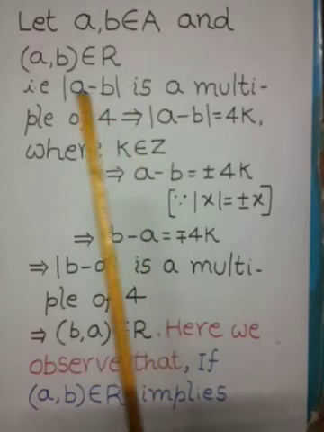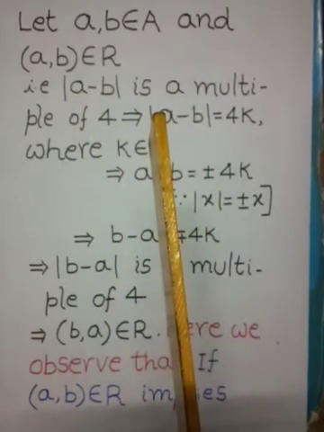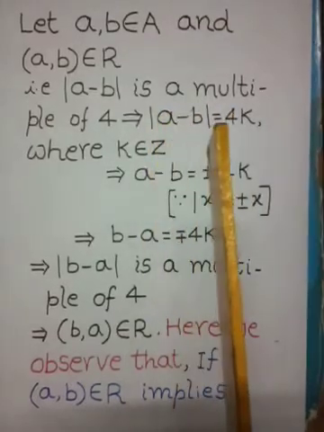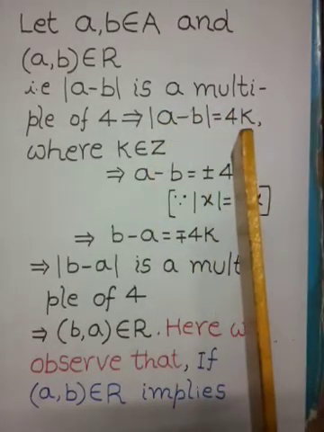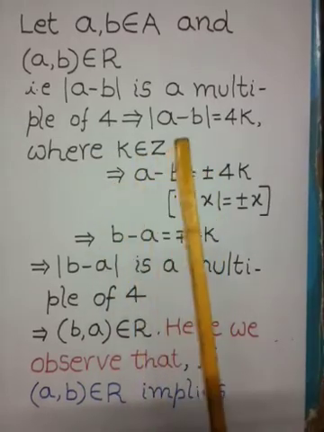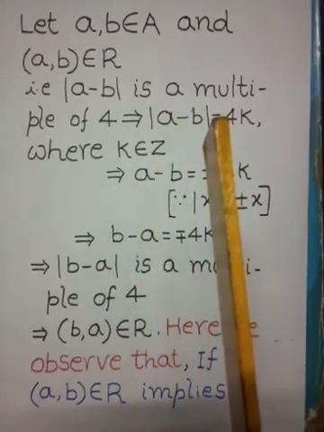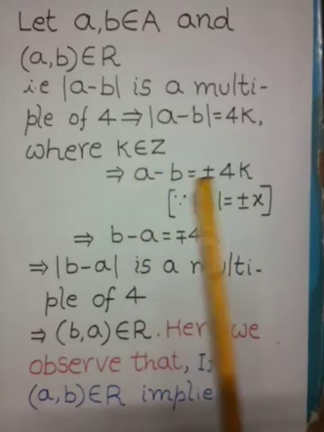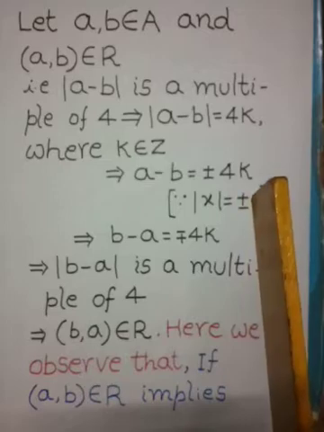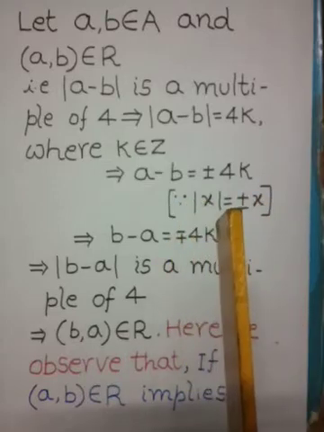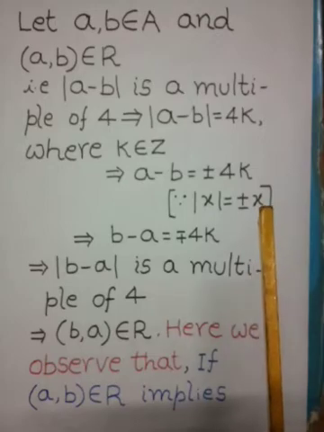We can write this statement in the form of an equation: modulus of a minus b is equal to 4k, where k belongs to Z. This implies, if we remove the modulus symbol, a minus b is equal to plus or minus 4k, because we know that modulus of x is equal to plus or minus x.